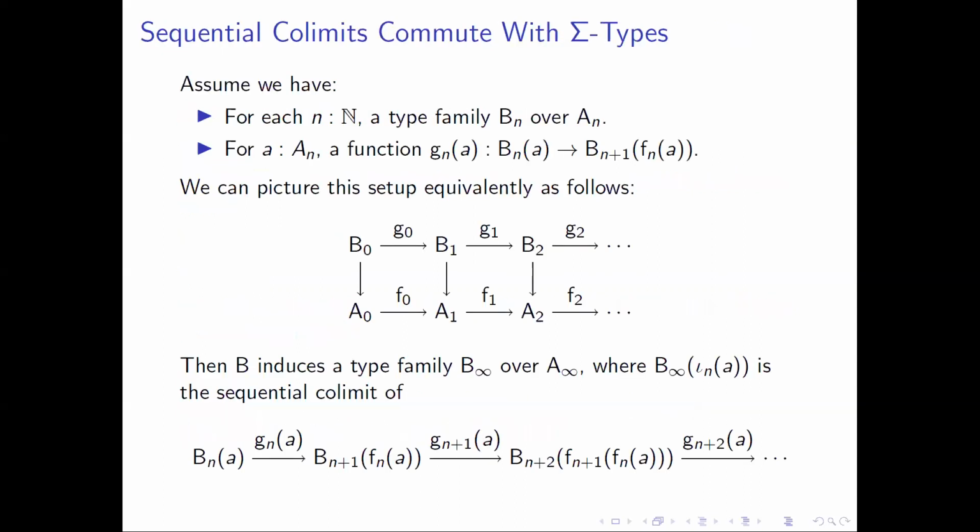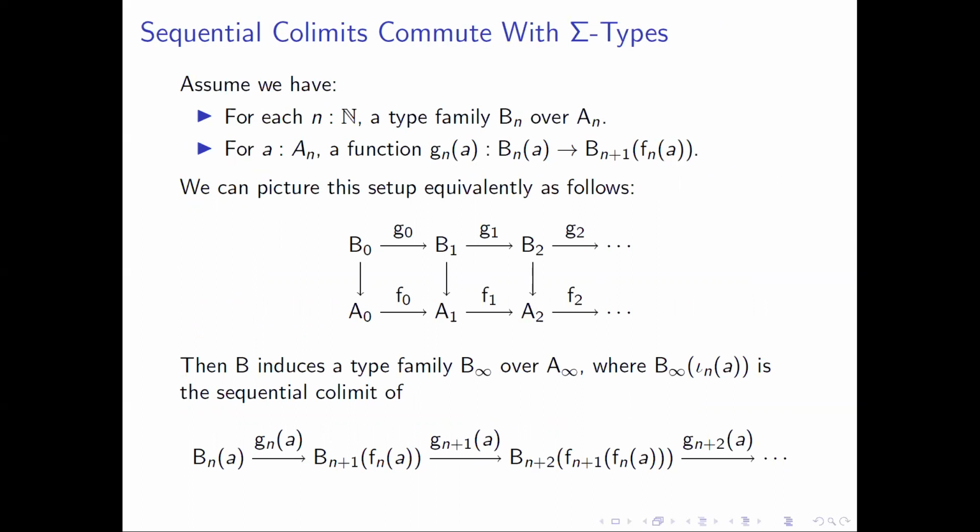So back to homotopy type theory. We are going to be looking at the setup where, in addition to having a diagram of the A's as we had before, we also have a diagram of B's, where for each n we have a type family Bn fibered over An.